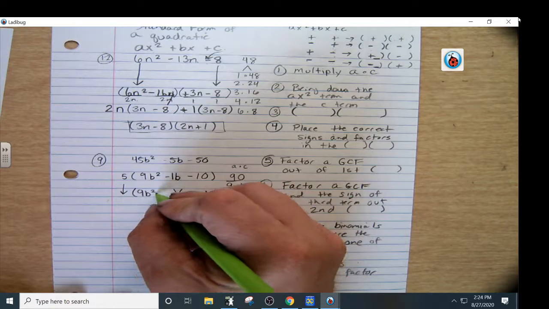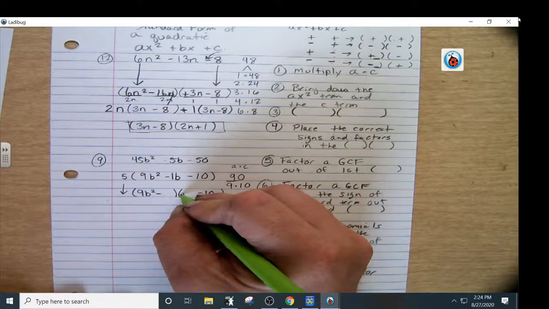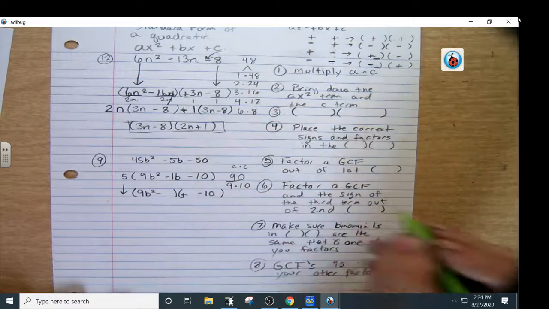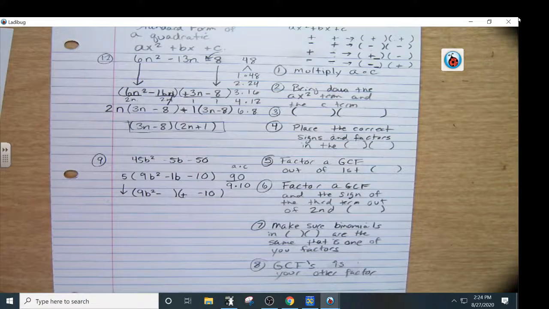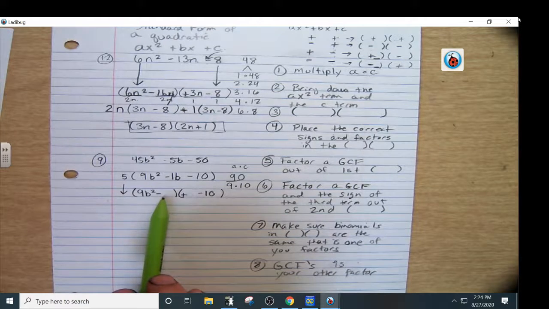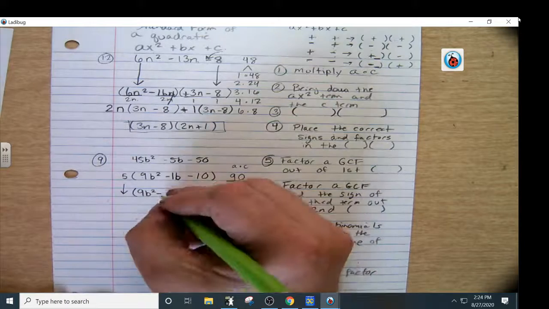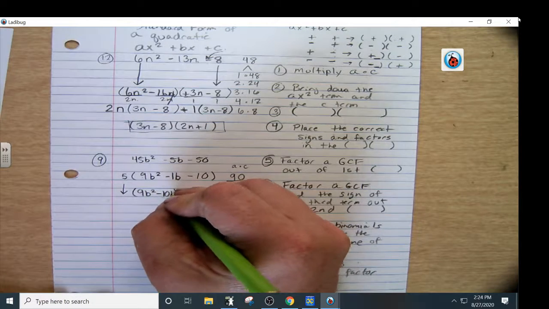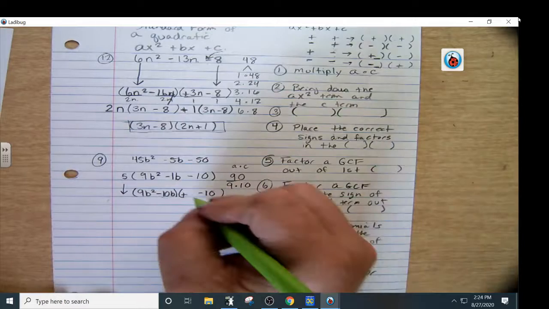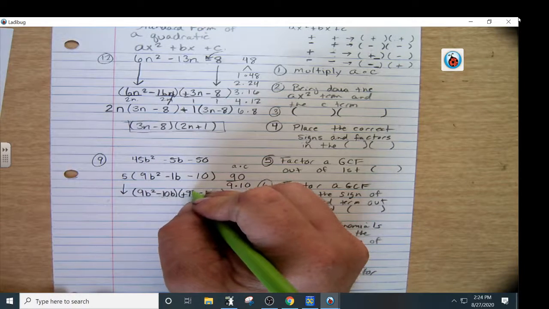We're going to put a negative here, positive here. Now, what number will go here? The 10. The 10 has to go here because it's bigger than 9, right? So your 10 goes here with the variable. Your other factor goes here with the variable.